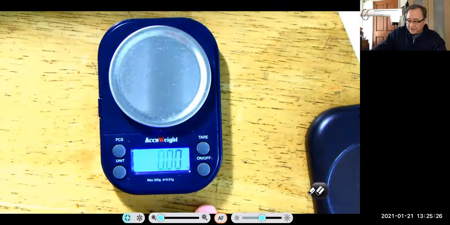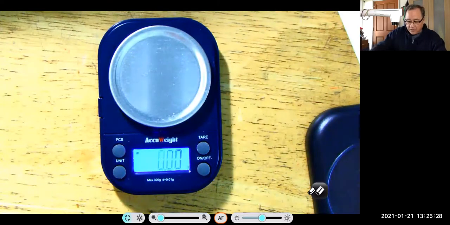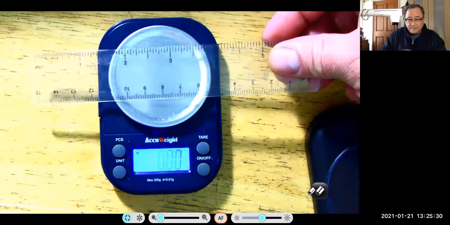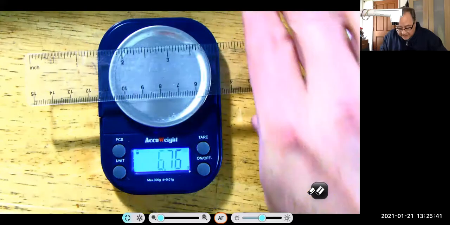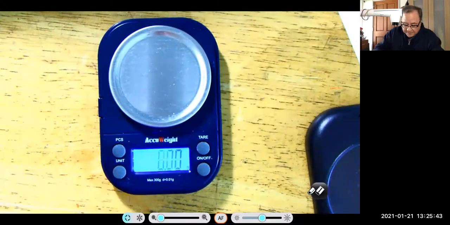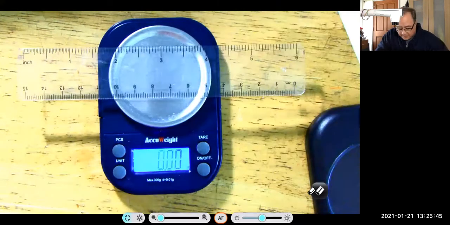And you can see when I put a ruler on it, it says 6.76 grams. And so you write all of those numbers down. Now, apparently this is locked into place. Oh, no, it hasn't. I wonder if I can lock that. Is that what that means?